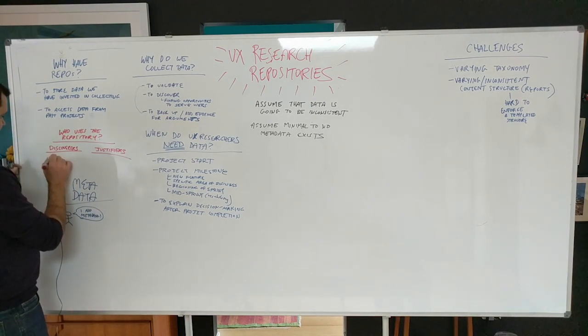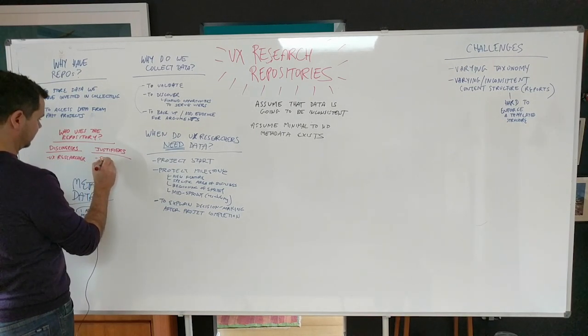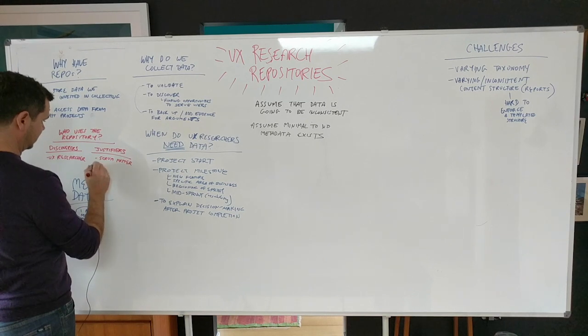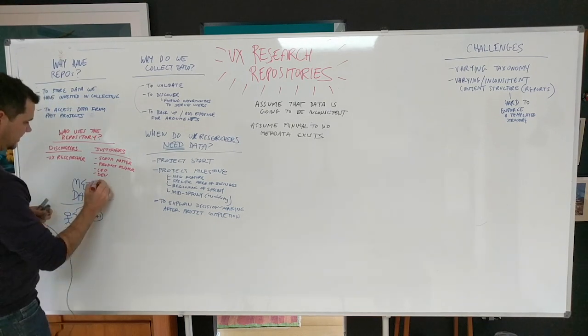So that's justifiers: Scrum, product owner, CEO, dev, etc.